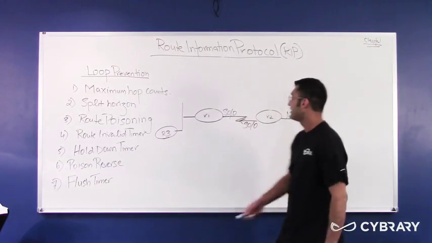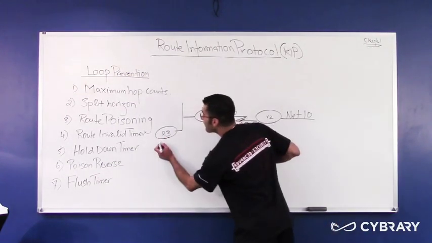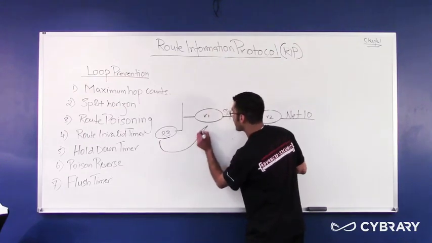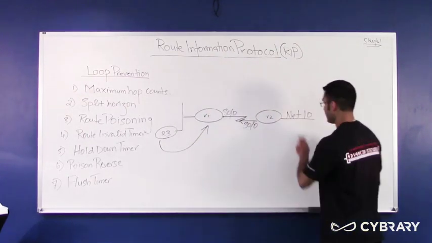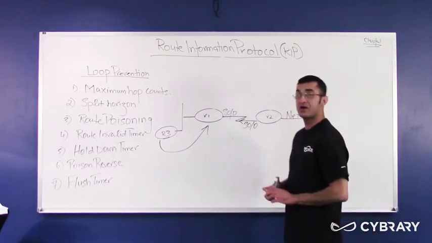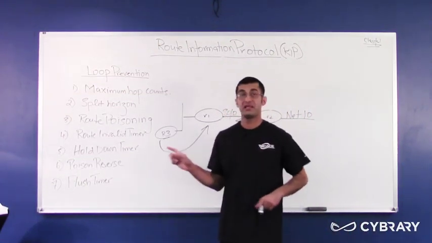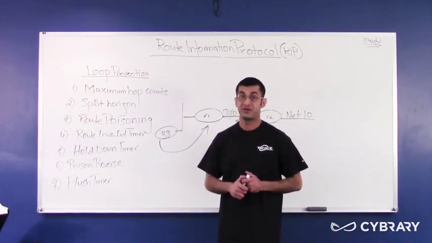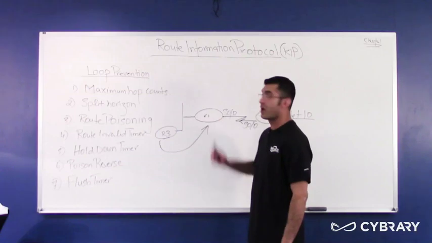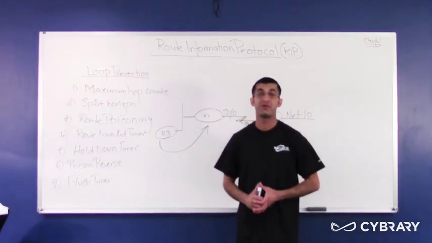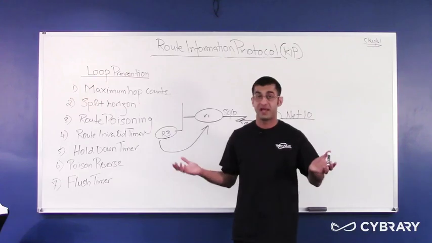Now, while the route for network 10 is in hold down, router 3 will send a poisoned update upstream back to router 1 saying, hey, I haven't heard about network 10 for 180 seconds. I am putting this route in hold down and I'm not accepting any updates about network 10 for a period of 180 seconds. And while in hold down, I'm also going to tell router 1, hey, get rid of this route from your routing table because I haven't heard about it for 180 seconds and it's probably down.